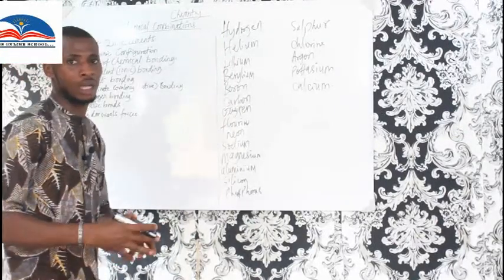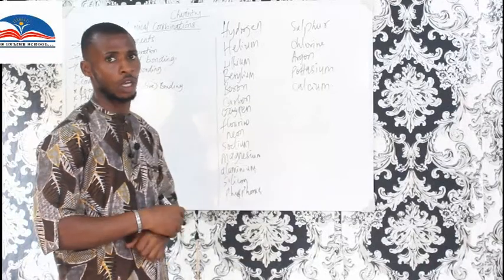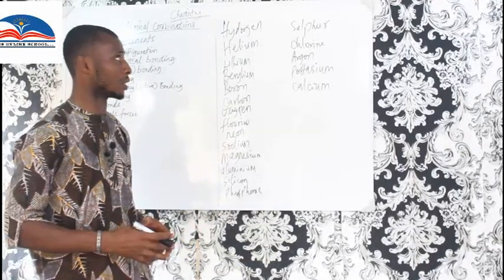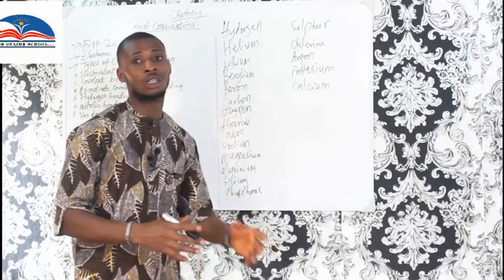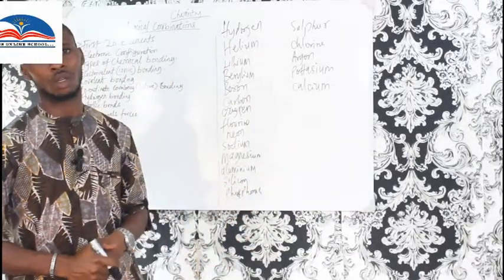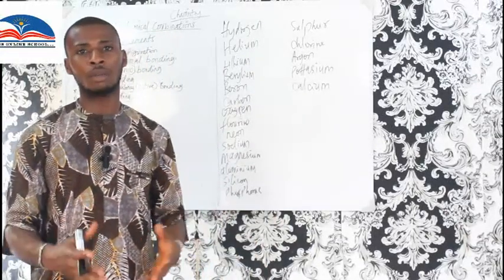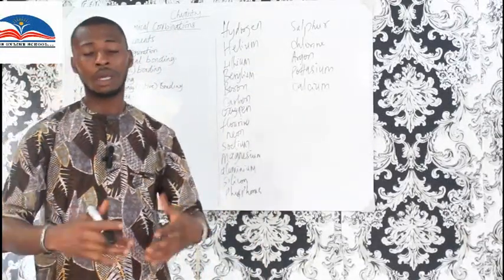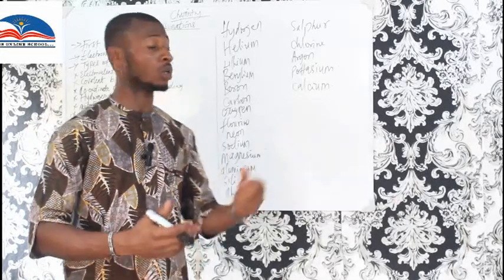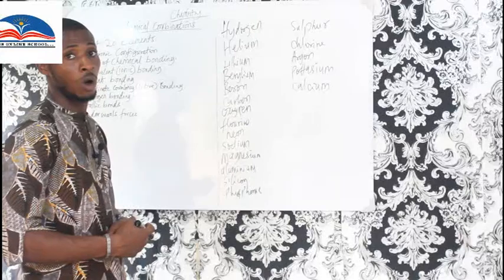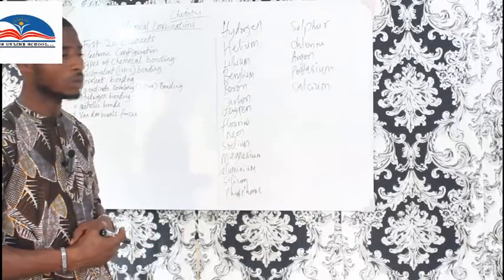These 20 elements are very important in bonding. These 20 elements are very important in chemical combination. Without knowing these elements, you will not know the fundamentals of chemical bonding. Let us go further with understanding the electronic configuration of all these elements.